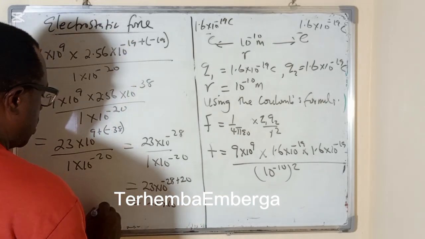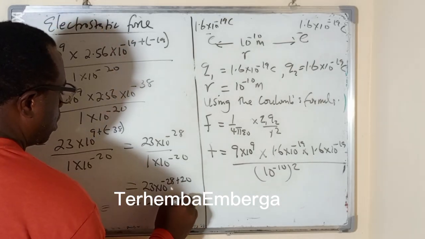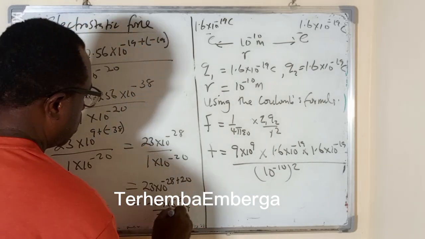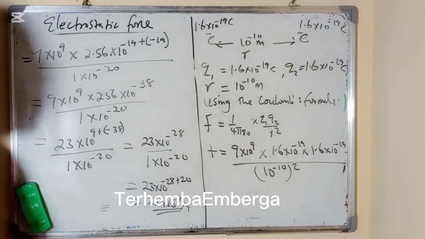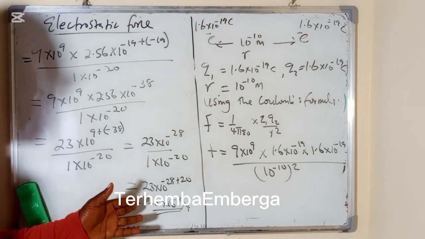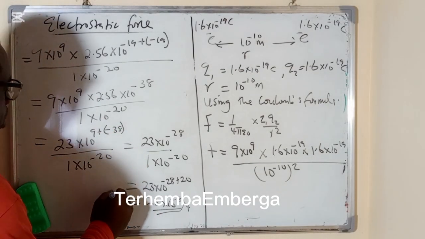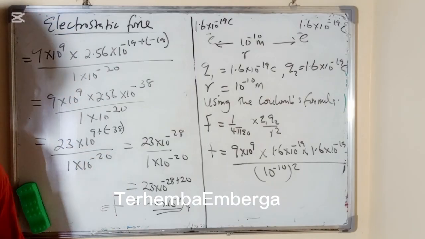That will give us 23 times 10 raised to the power minus 8 newton. So this is how you can solve this, and this becomes our electrostatic force. Thank you.